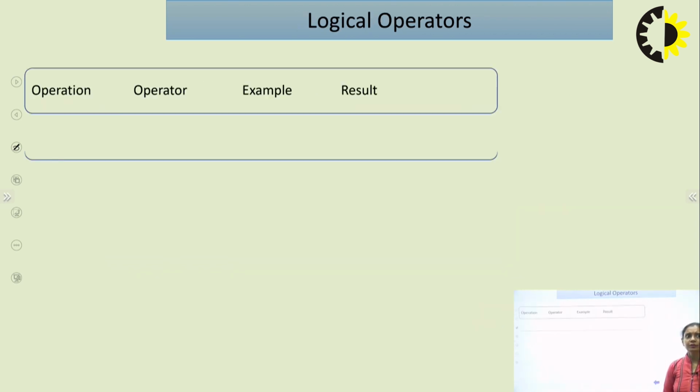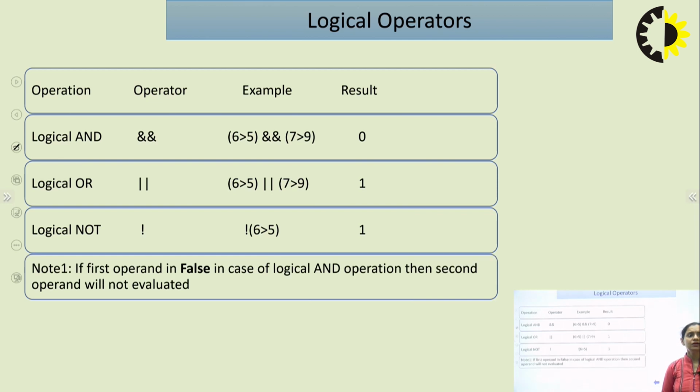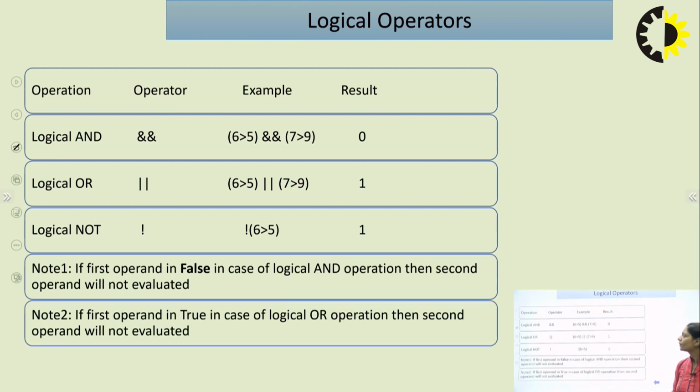The next type of operators that we have are the logical operators. The logical operators are the logical and, logical not, the logical or. Now what does logical and say? Suppose we have two variables A and B. So we have the logical and, the logical or, that is to be discussed over here.